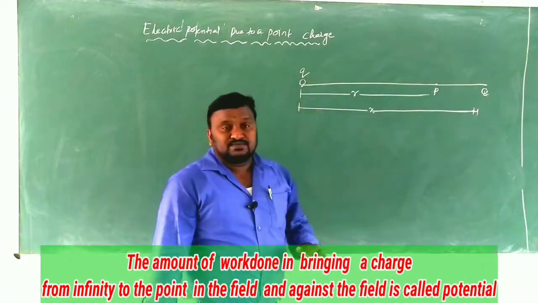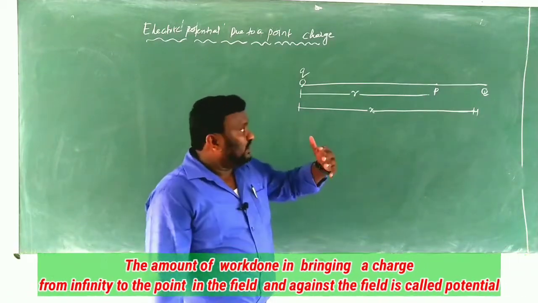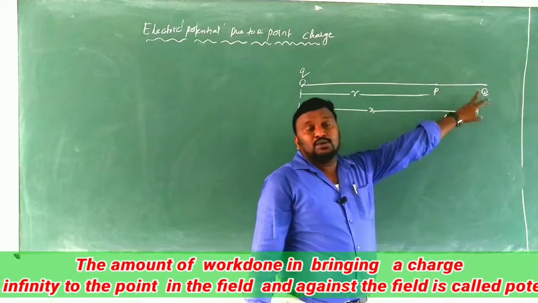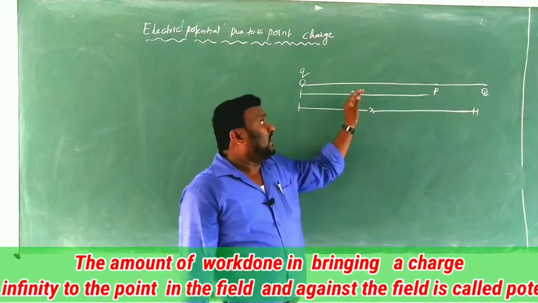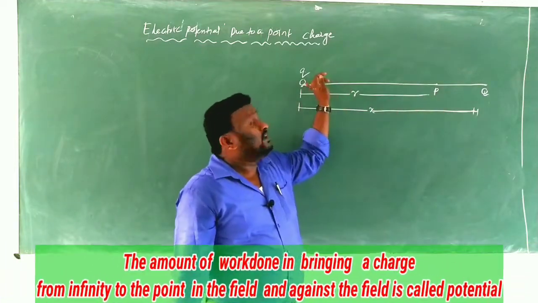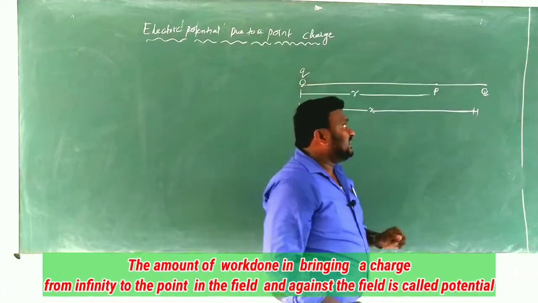Q is the charge. In the electric field of charge Q, we have selected 2 points: one is point P and one is point q. P is at a distance of R and q is at a distance of X from the charge Q.